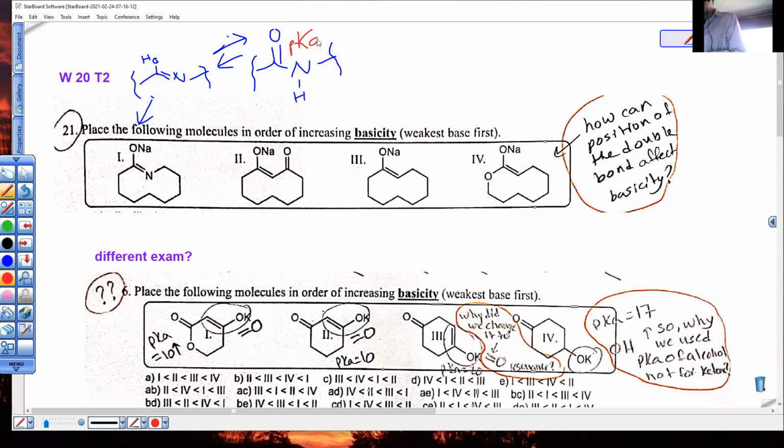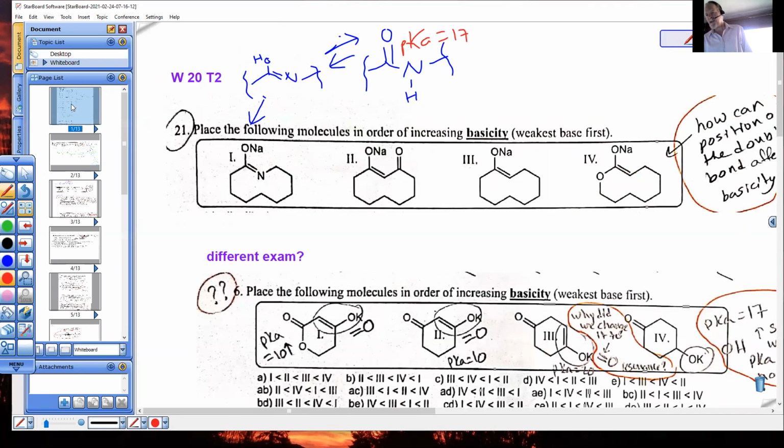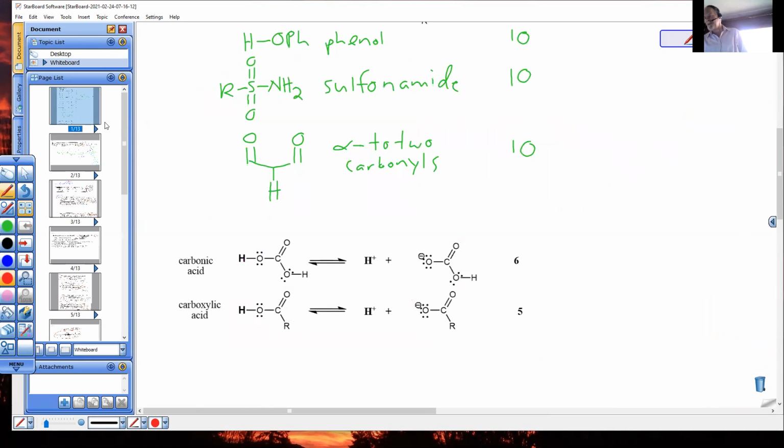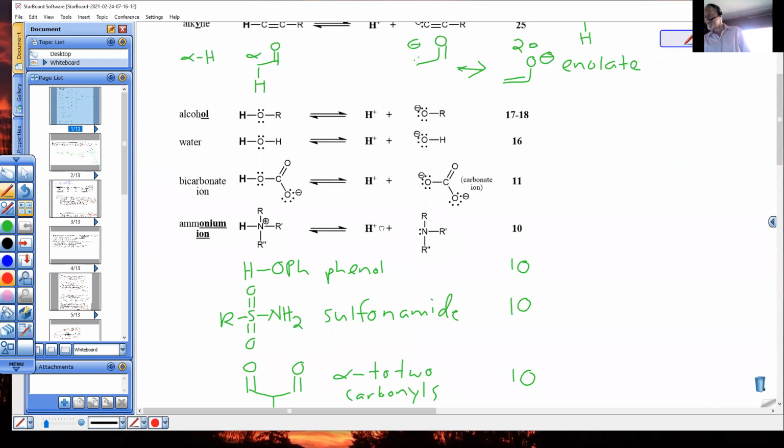Since that came up, I'm going back to page 1 of my documents today, previous video segment, and we have a 17, which we're going to sneak in over here. And that's a 17 as well, and it's an amide.